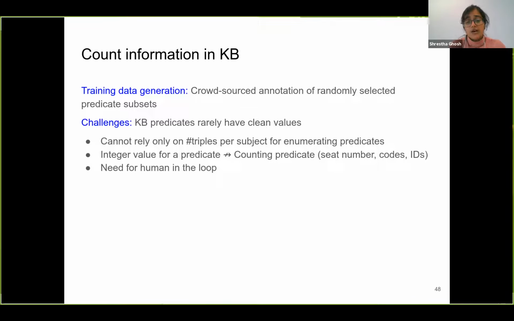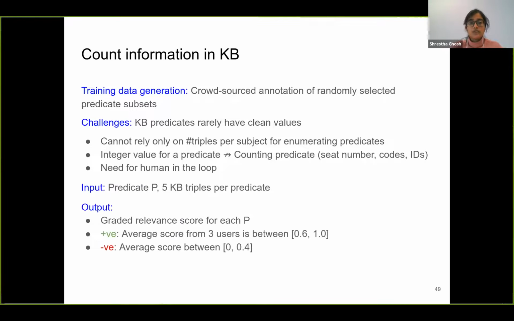As mentioned earlier, not all subjects will have an equal number of children, for example. Also, predicates with stored counts, or predicates with stored integers, do not automatically qualify as counting predicates because they might be codes or IDs, and Wikidata has so many IDs.